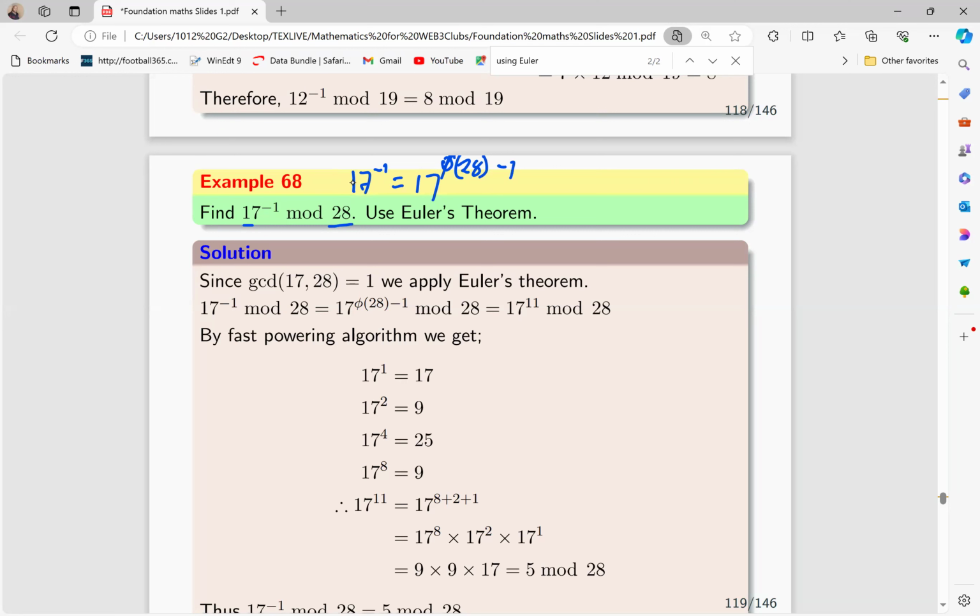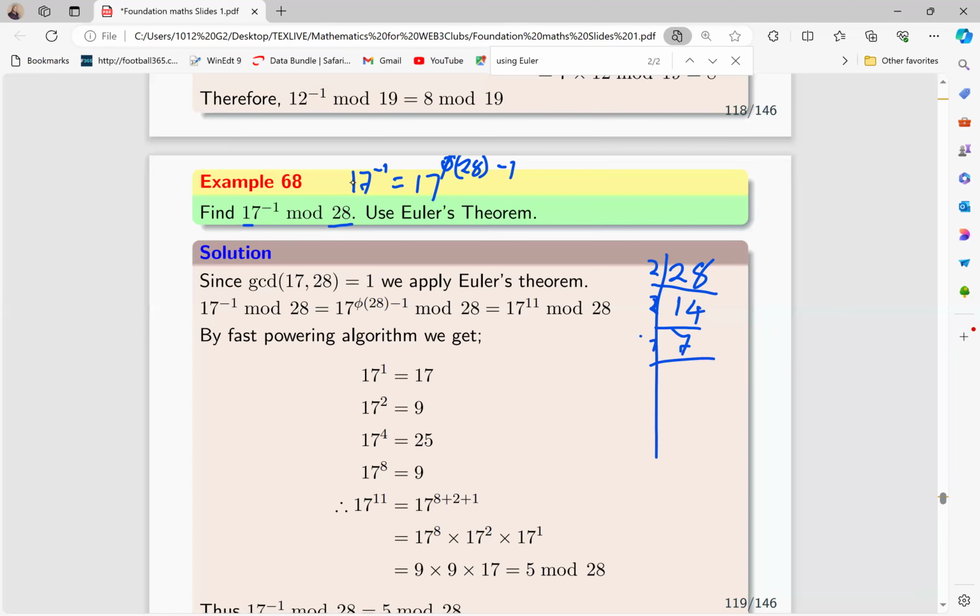28 is not a prime number, so we need to get the Euler phi of 28. I remind you, we get the prime factors of 28. 2 goes there 14 times, 2 goes here, and then 7. The prime factors are 2 and 7.